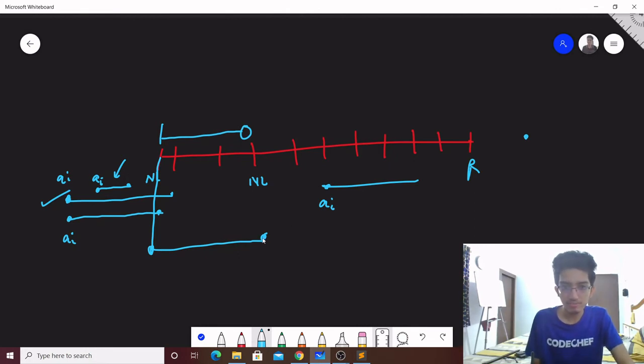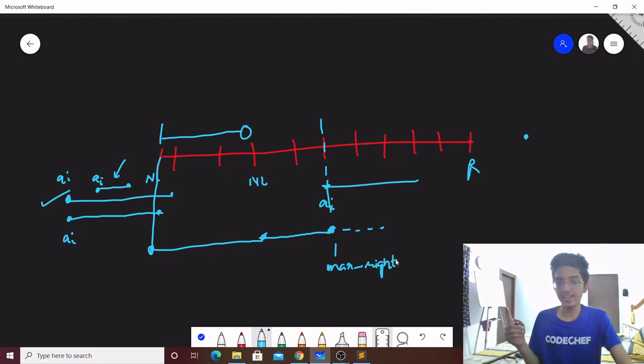But what if we would have covered everything till at least over here, that is our current A of I? You would have covered till here, and maybe some more regions, we don't care about that, but as long as we cover till here, and this is our max right. What is the maximum red area we are covering? And next left is, we are definitely sure that we have covered everything till before next left.